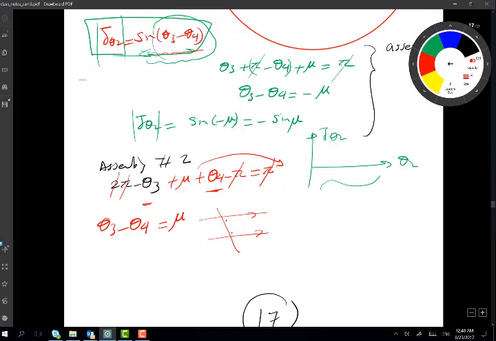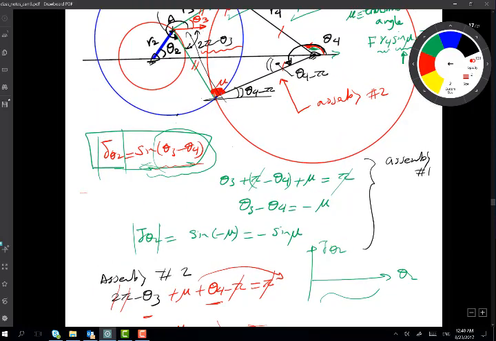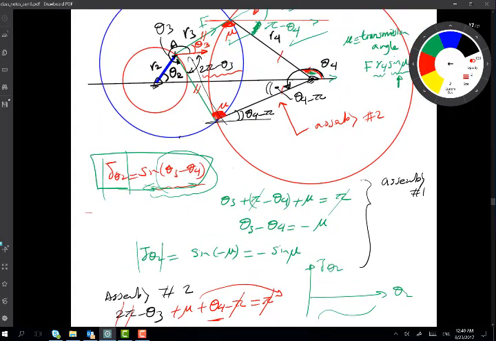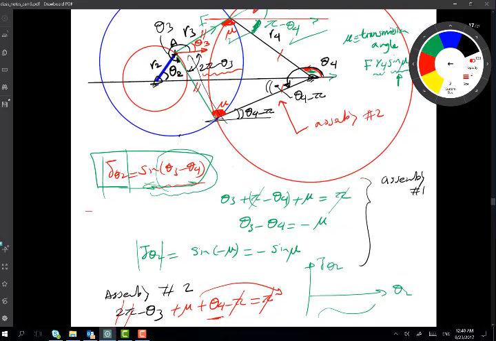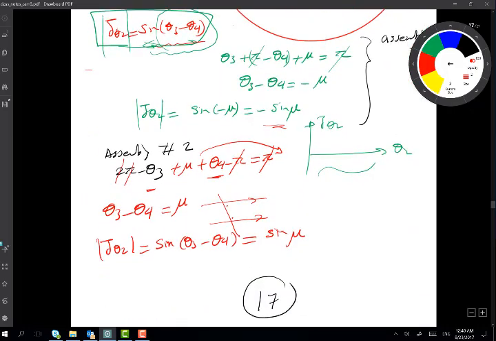Exactly, straight away. So this means the Jacobian determinant, which is sine of theta 3 minus theta 4, is equal to sine mu. This is the second assembly. The first assembly was equal to minus sine of the angle, and the second one is sine of the angle.